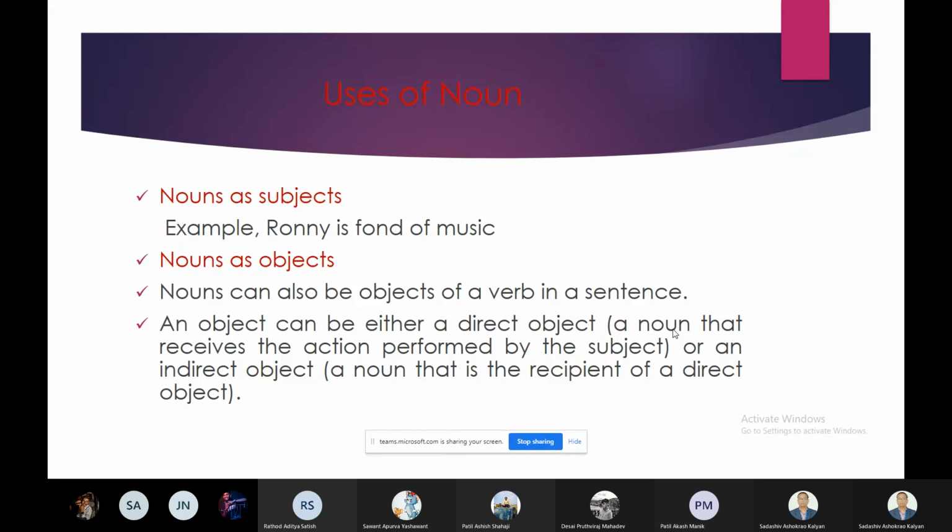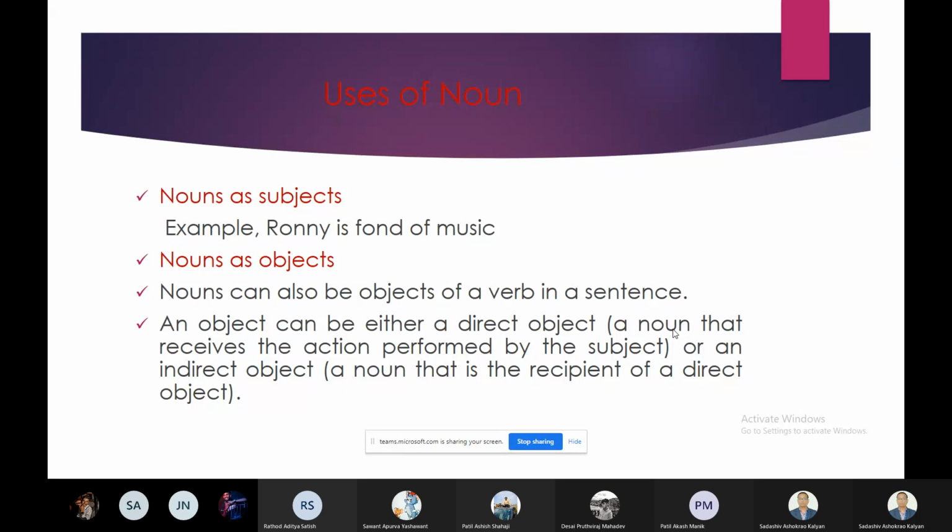So in all these sentences, we find that we are using various kinds of nouns as the subject. As we can see in our example, Ronnie is fond of music. Here in this example, Ronnie is used as a subject in the given sentence.